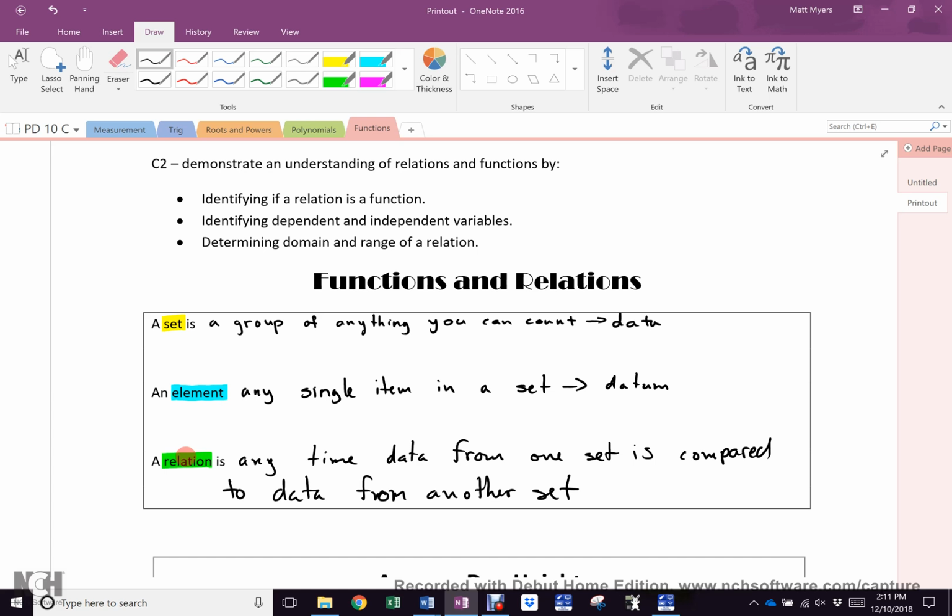Is there a kid in that room sitting near the door? Yes. That kid, if we are going to make a relation, would relate to the kid in this room sitting near the door. But until I actually make that comparison, I have nothing but two sets of data.